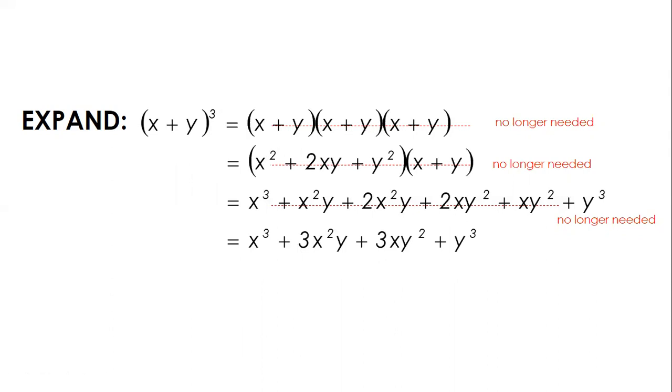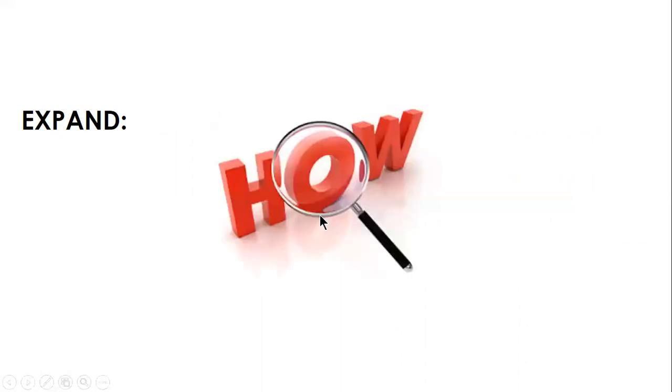How many hours will that take? It takes long. Compare that to the direct method. So, how are we going to do that? That's the main purpose of this presentation or video lecture.